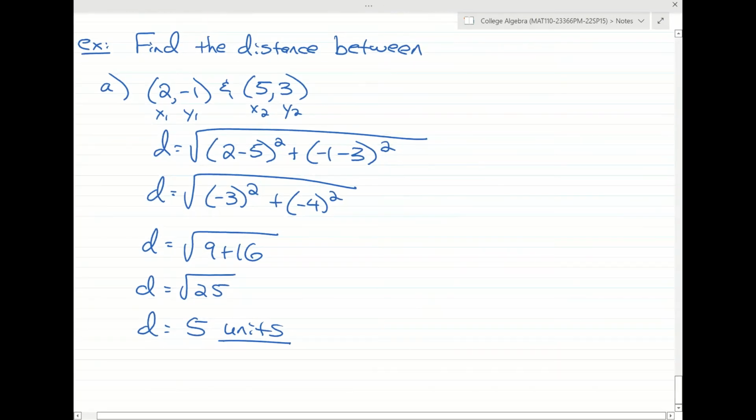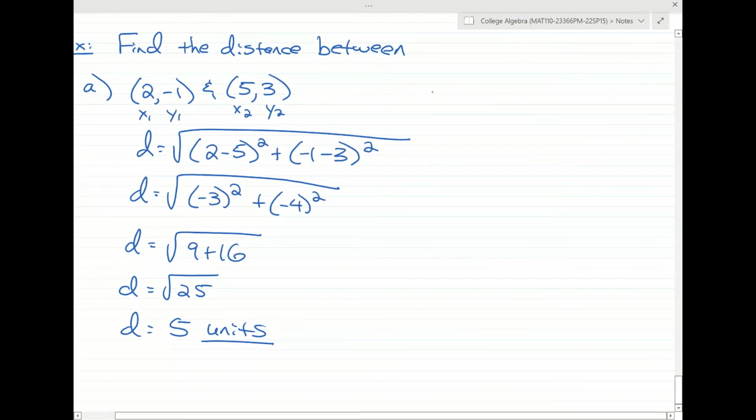One more of these and then we'll finish with circles. We had, let's say, negative 3 comma 2, and 0 comma negative 4.